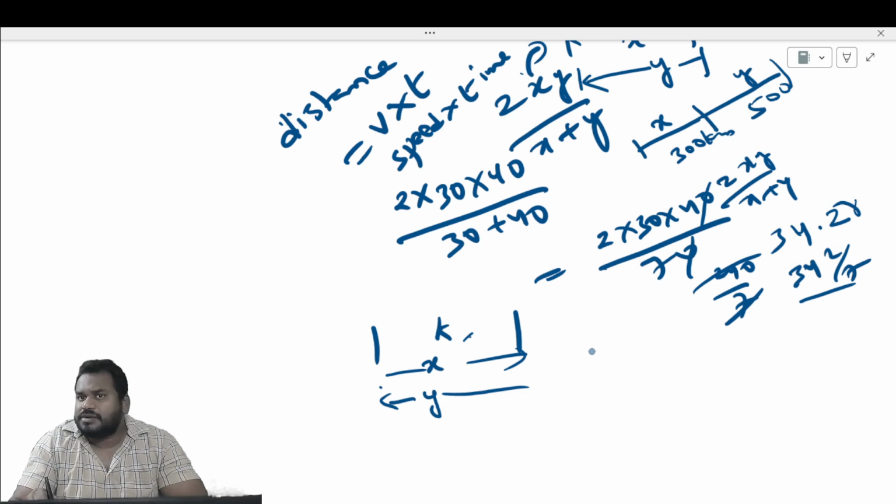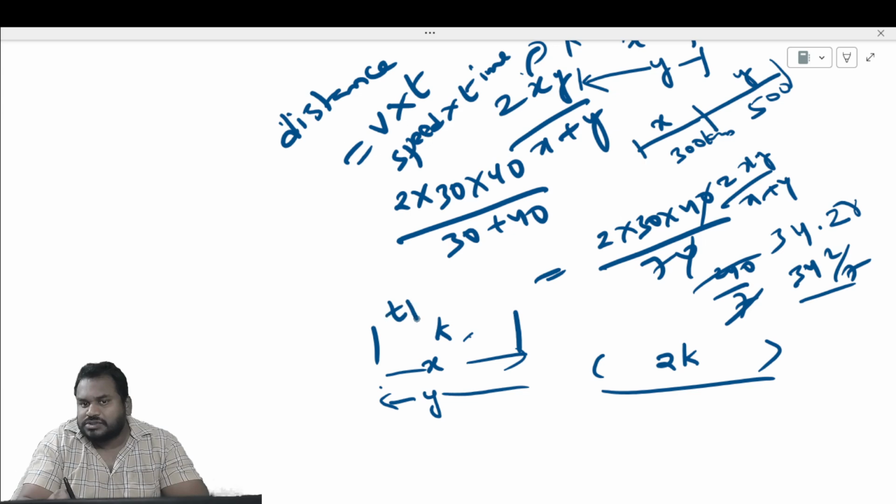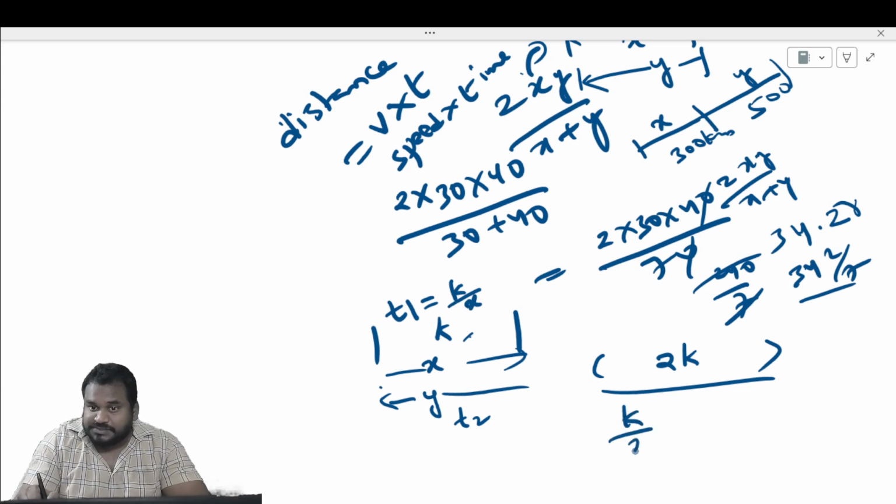What is the formula for average speed? Total distance, which is 2k, divided by total time. So if I assume time t1 with the speed of x and time t2 with the speed of y, then t1 is equal to distance by velocity, which is nothing but k by x. So k by x is first time plus k by y is second time.